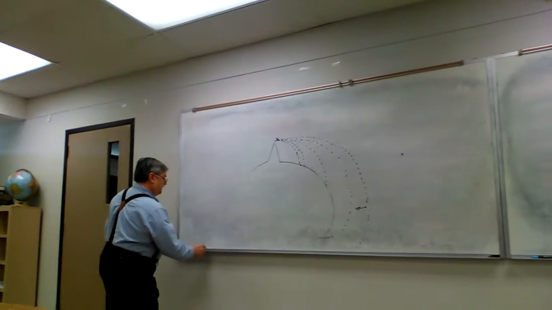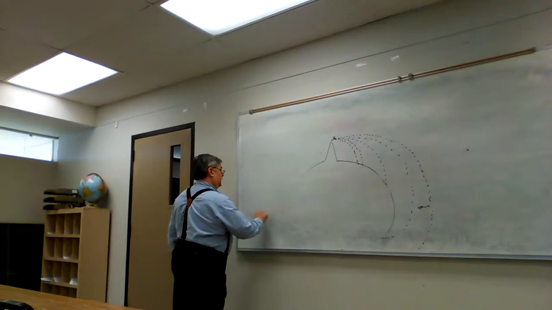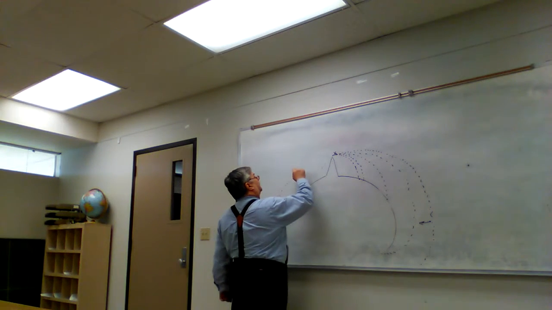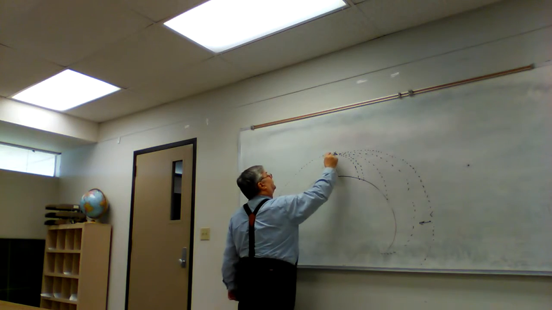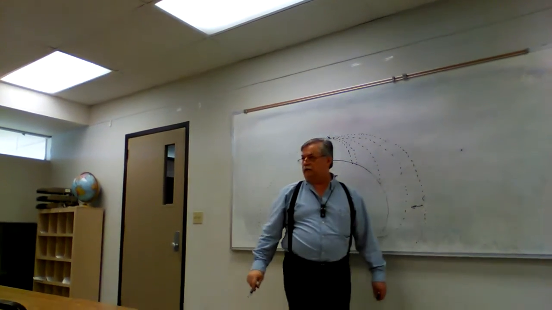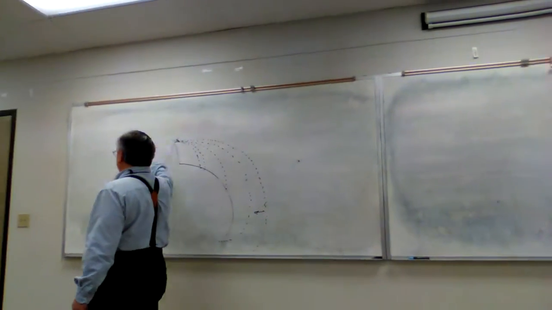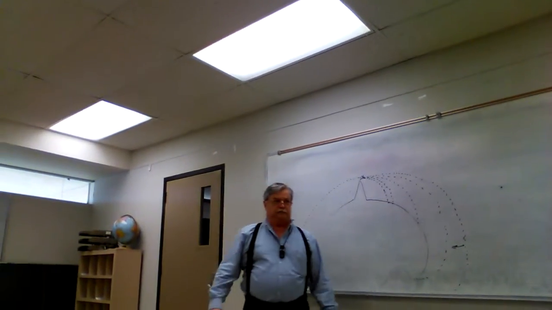And that if he threw it that fast, it would just keep falling towards the earth at the same rate that the surface of the earth fell away, until it would come all the way back around and hit him in the back of the head.